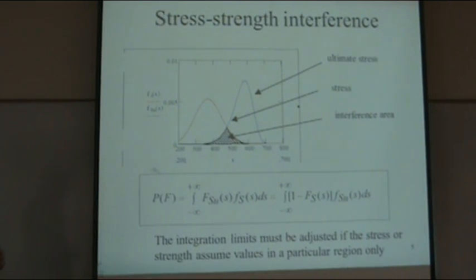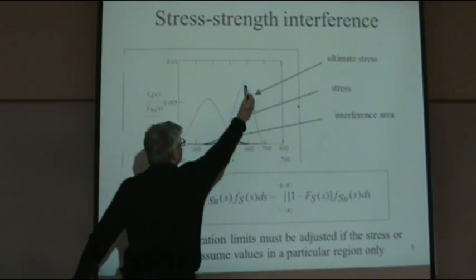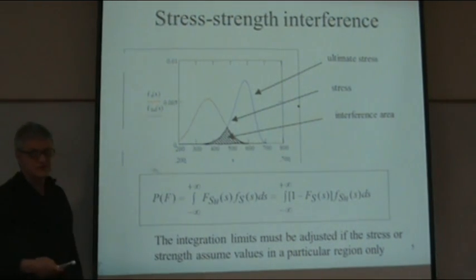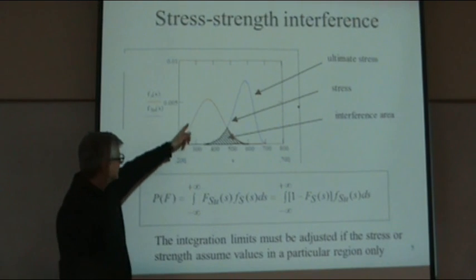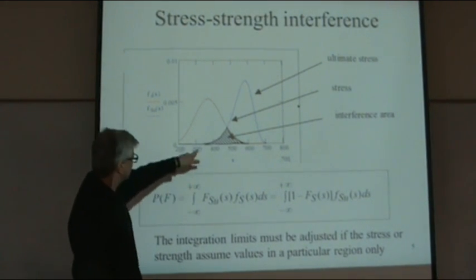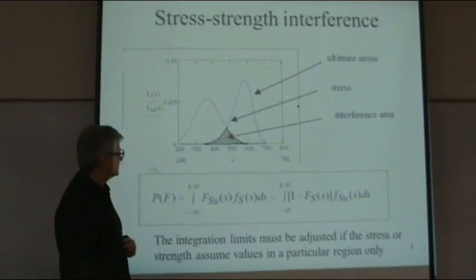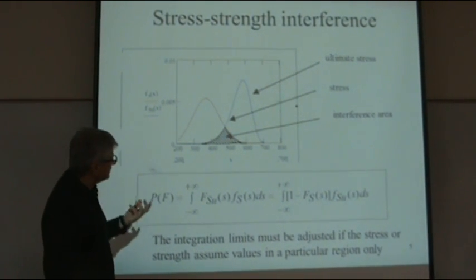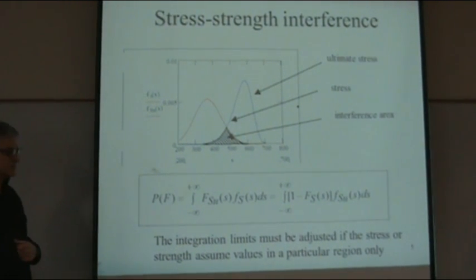We have here an example of a case where we have overlapped the capacity or ultimate stress, which is the blue curve, and the demand, which is the red curve. When we have an interference in this region, then failure occurs.